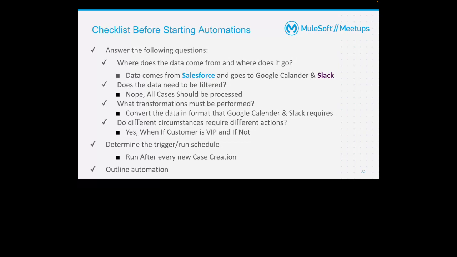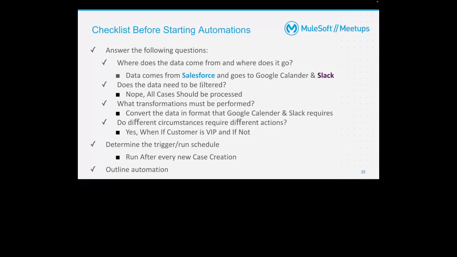Third thing, what transformations must be performed? Every external system only requires certain input data. They won't let you enter data in a different format. For that reason, I need to convert the data into the format that Google Calendar and Slack require and accept.